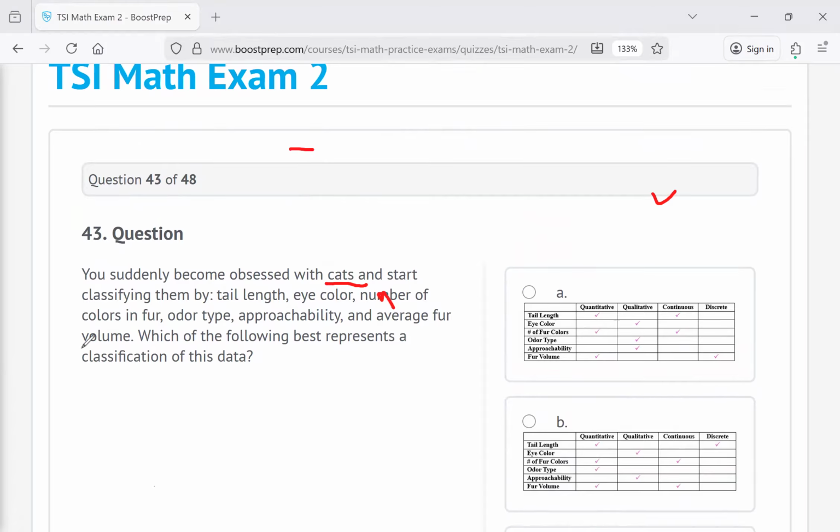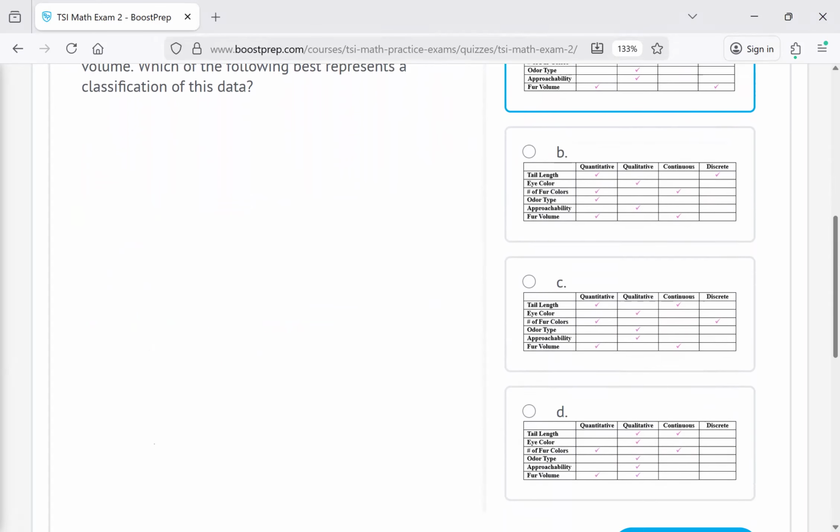So you suddenly become obsessed with cats and start classifying them by tail and eye color, number of colors in fur, odor type, approachability, and the average fur volume. Which of the following best represents the classification of this data? Is it A, B, scroll down, C, or D?